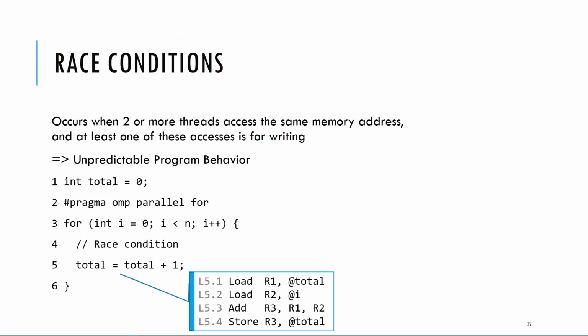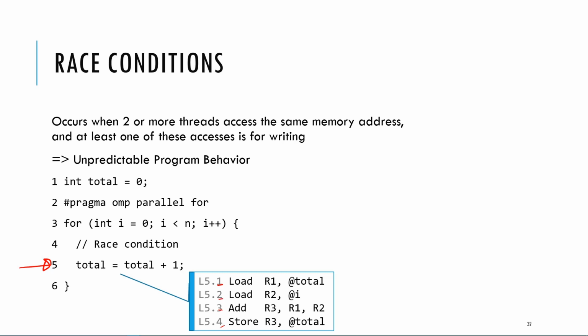Even though this instruction seems to be one single atomic instruction, you have to remember that it's not really the case. Either you have already seen this in computer architecture courses, or if this is completely new to you, please bear in mind that line number 5 would be translated into multiple lines of low-level code.